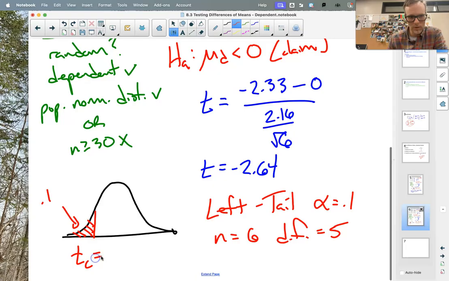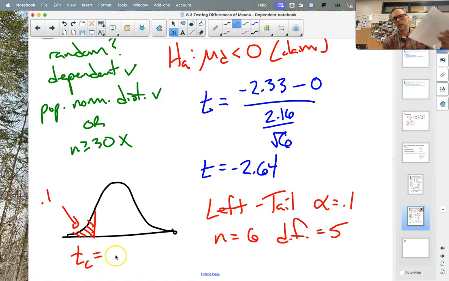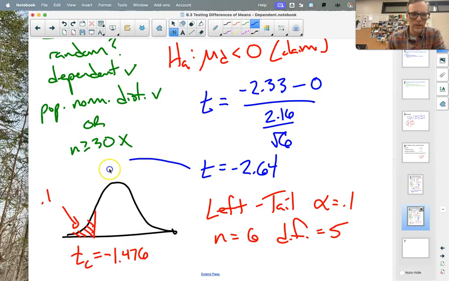What is our critical t-score? 5 degrees of freedom, one tail, 10%, 1.476. But remember, on this, it only gives positive t values. So we know that we need to take the opposite of that since it is a left tail test. We got negative 1.476. Where is this t-score that we calculated?